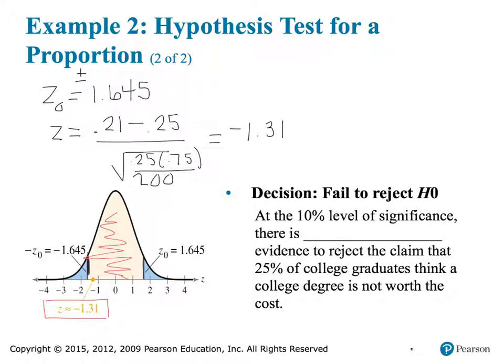And therefore we do not reject the null. Okay? So we can say then that at the 10% level of significance, there is not sufficient evidence to reject the claim that 25% of college graduates think a college degree is not worth the cost.